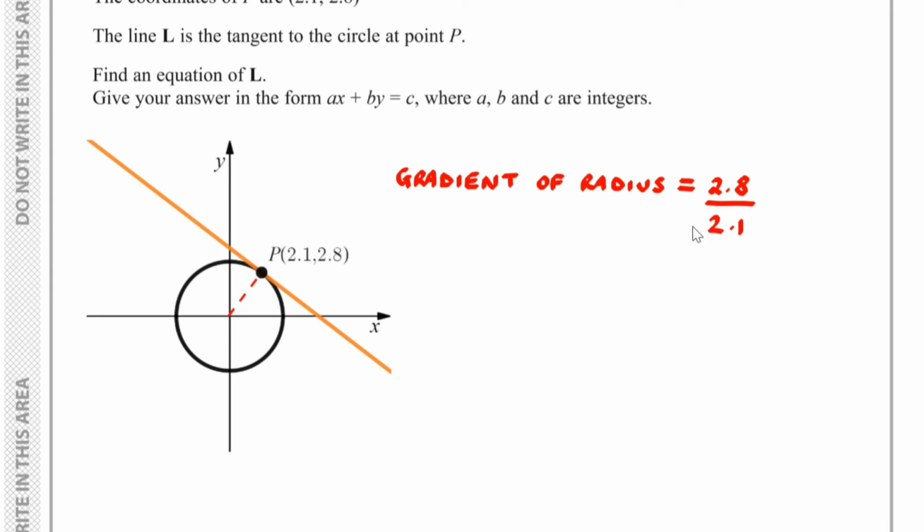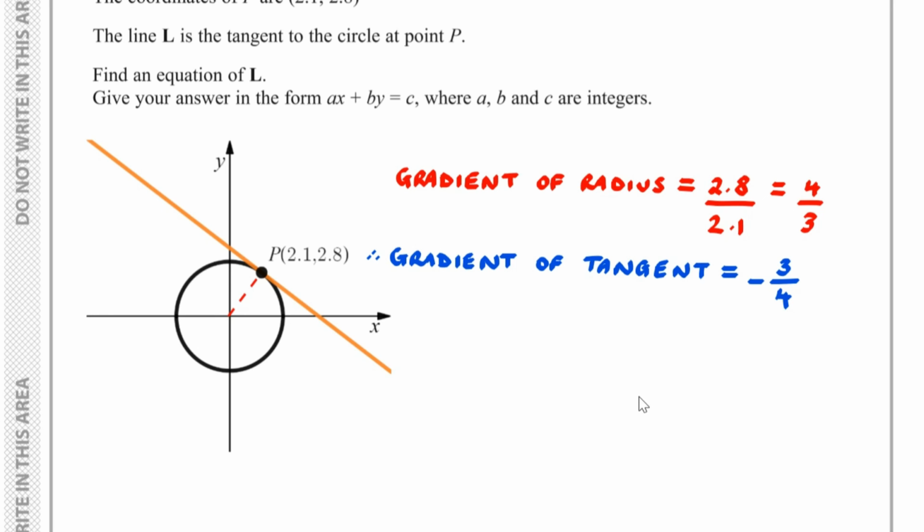And if we work out this gradient, we would get a value of 4/3. So that means the gradient of the tangent is the negative reciprocal of 4/3, which is -3/4.